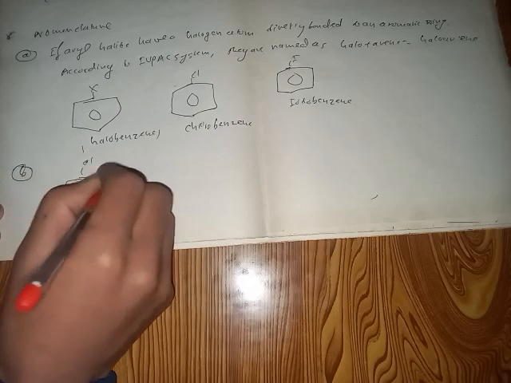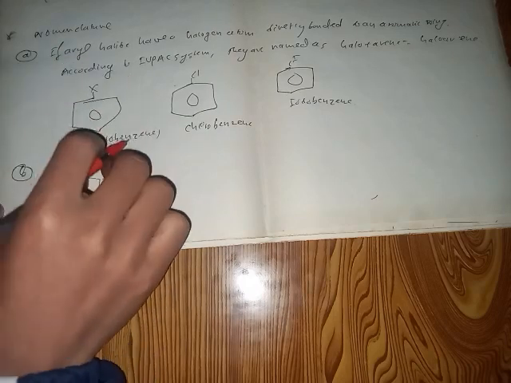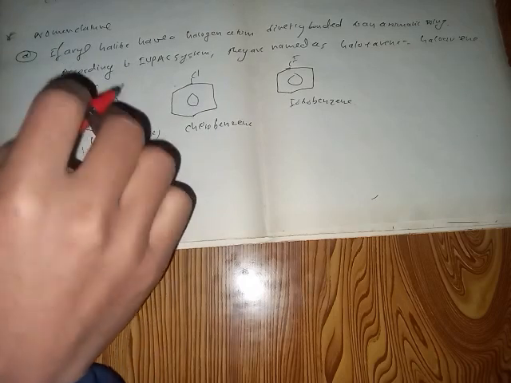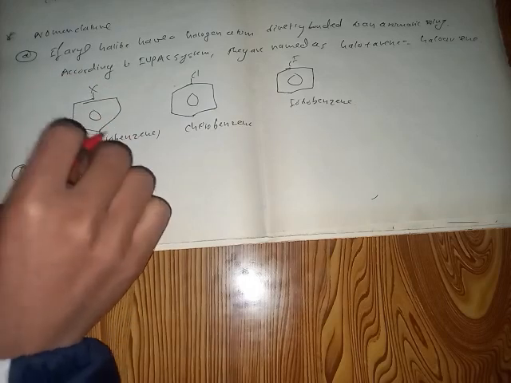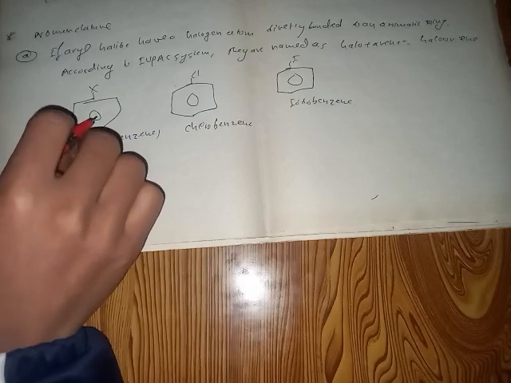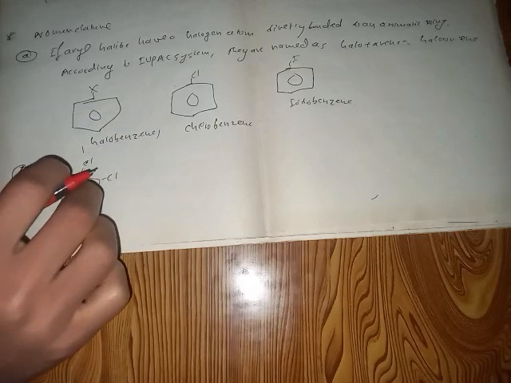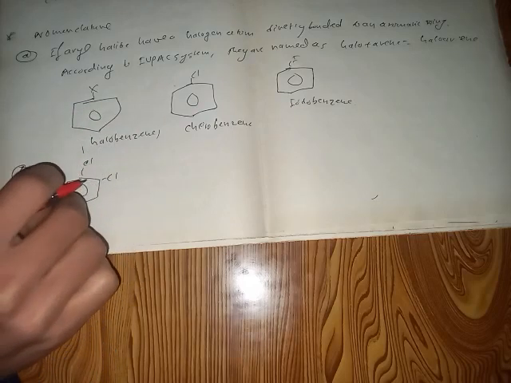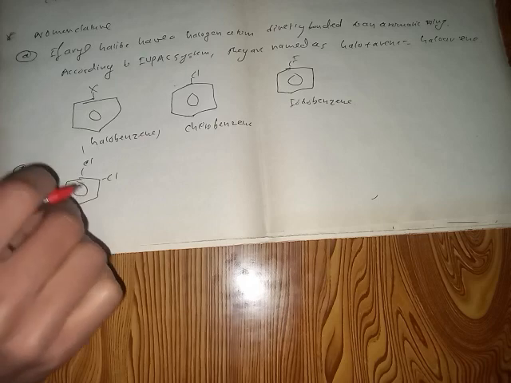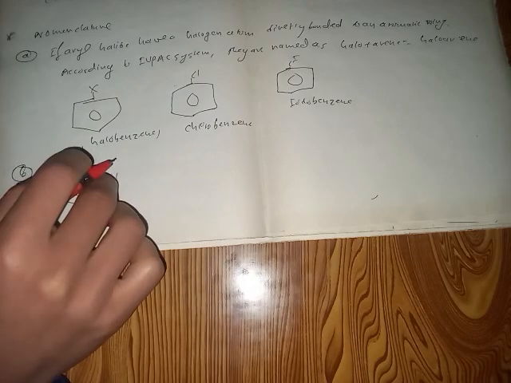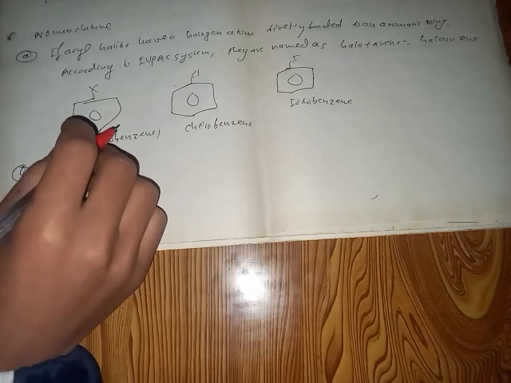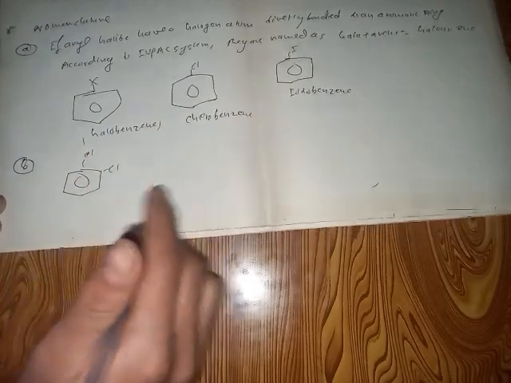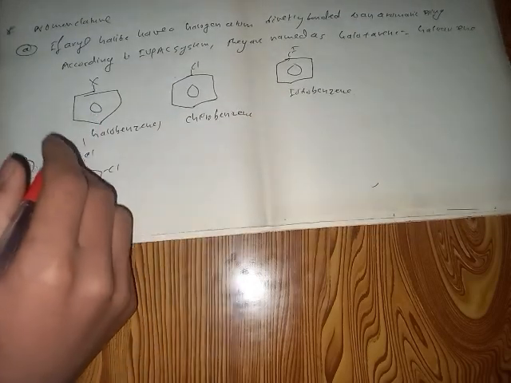Then the parent compound and the structure. If more than one of the same halogen atom is present, their positions on the ring are indicated by numbers using the lowest sum rule, or the appropriate prefix ortho, meta, para, followed by di, tri, tetra, penta, etc. The name of this compound is orthodichlorobenzene.